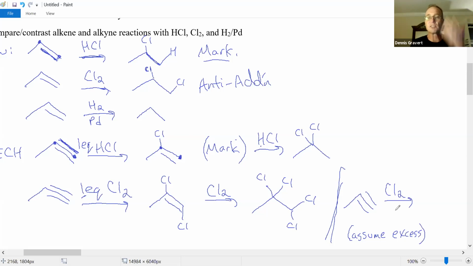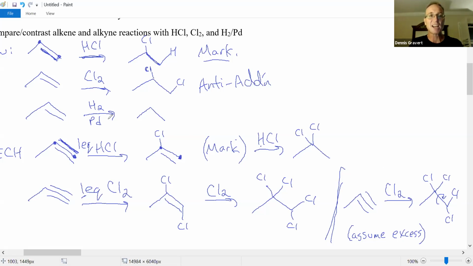So if you just see Cl2 all by itself, it means as much as you need to get the job done. Every pi bond gets chlorine. And so you get 4 chlorine atoms all together. And notice I didn't pay particular attention to drawing this cis or trans because single bonds are free to rotate. And you can spin this to put the chlorines wherever you want.